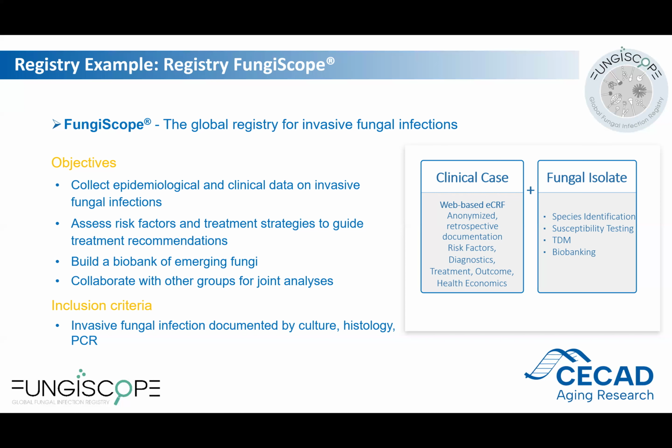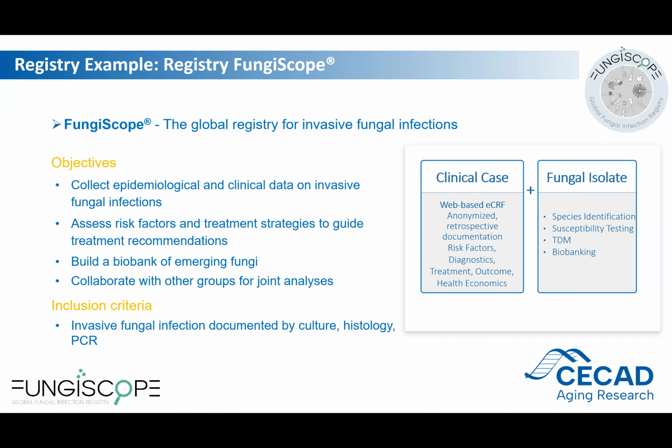And additionally to that, the FungiScope registry also contains a biobank where the isolates go to so that species identification can be done, susceptibility testing. And this is a great way to just combine the individual clinical cases with the microbiological aspect.